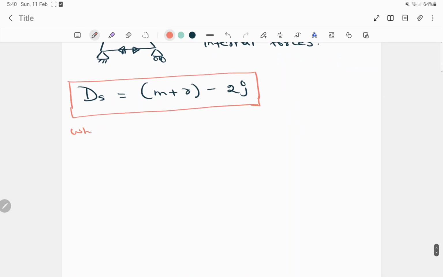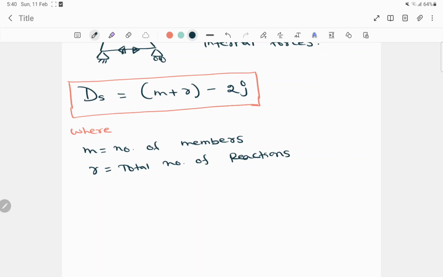Here m is equal to number of members, r is equal to total number of reactions, and j is nothing but the number of joints.